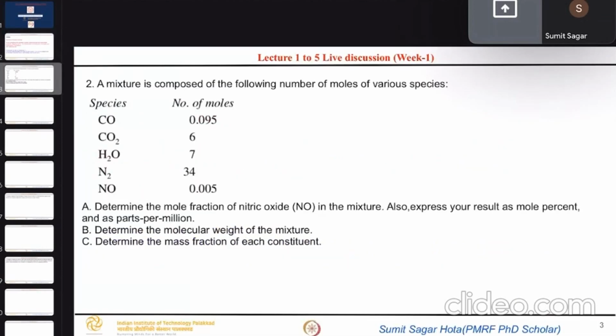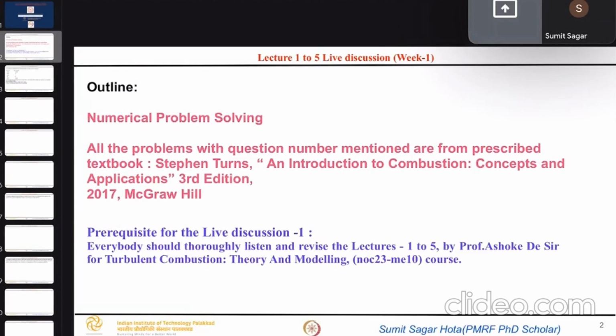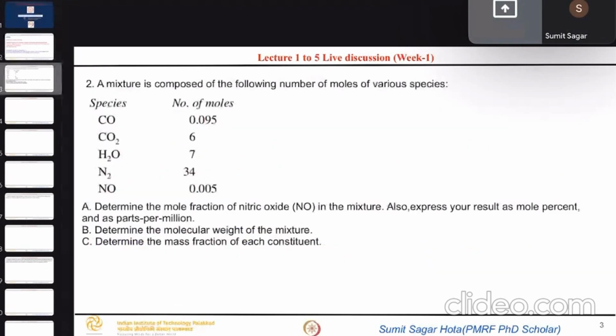Okay, let's not waste much time. I also solved these questions. All are mostly based on the prescribed textbook, Introduction to Combustion: Concepts and Applications, 3rd edition, 2017. Now we will solve some of the problems.